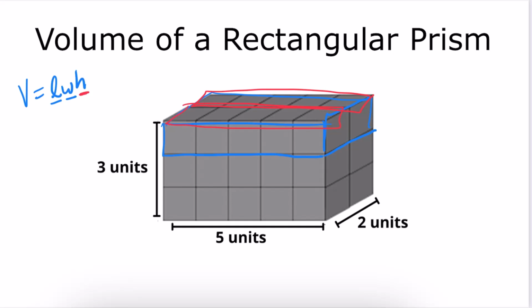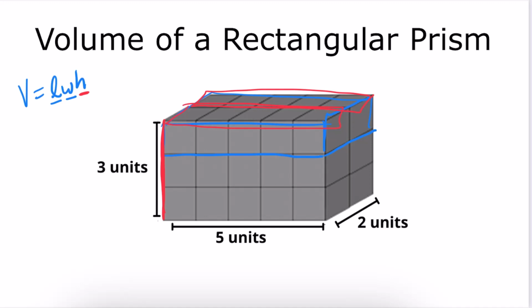Then you multiply by the height because you have 3 layers of those cubes: your top layer, your middle one, and your bottom one. So you multiply by 3 because you have 10 cubes in each of the 3 layers, and that's how you would find the volume of this rectangular prism.